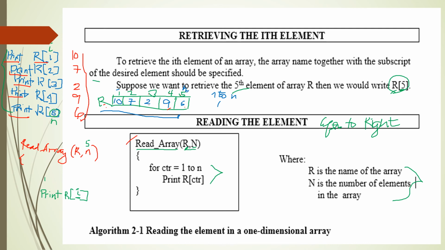Our I is from 1 to N, 1 to 5. Since this is a loop, paulit-ulit na gagawin. Di ba? Yung I will be 1, 2, 3, 4, until it reaches the value of N. So, we may use a for loop. And that's it.